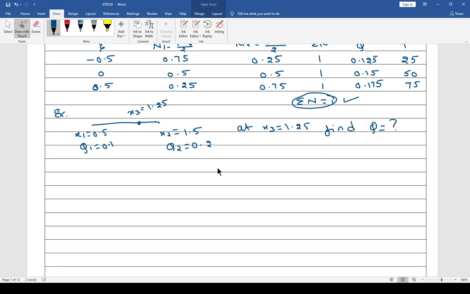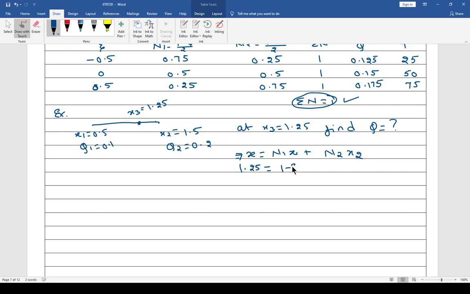So what is the value of q at this location? That is the target. So how do we solve? We know x equals N1 x1 plus N2 x2, and here this x means the value of x3. So the value of x3 is 1.25.